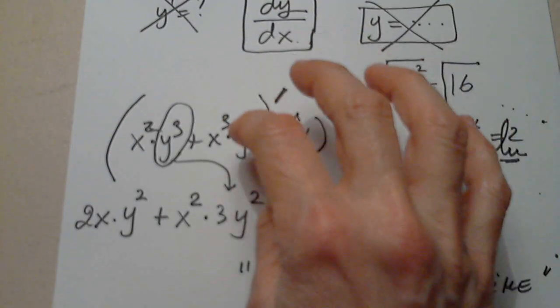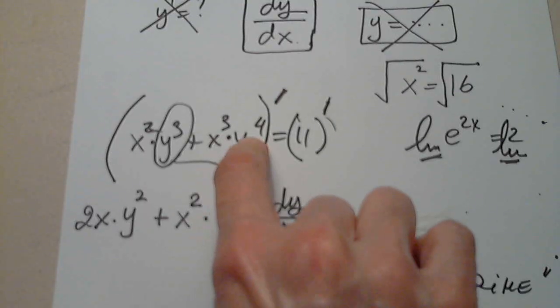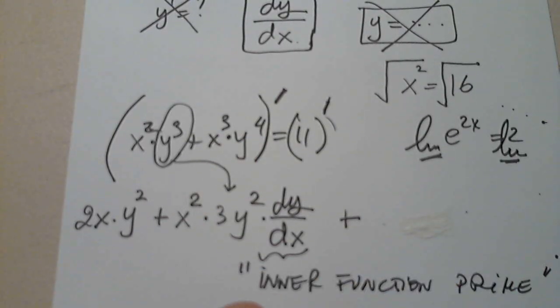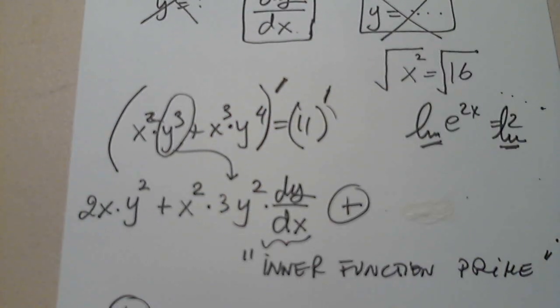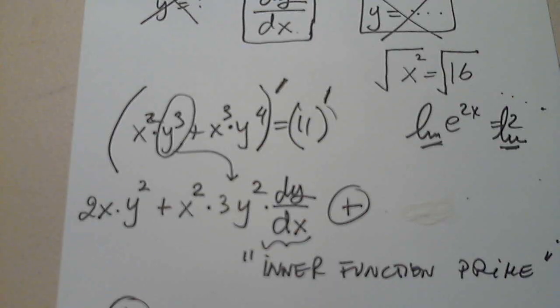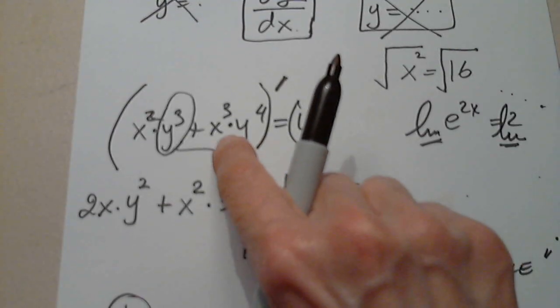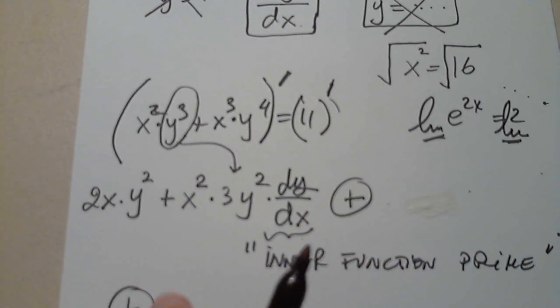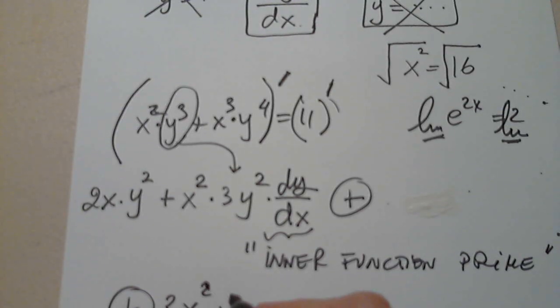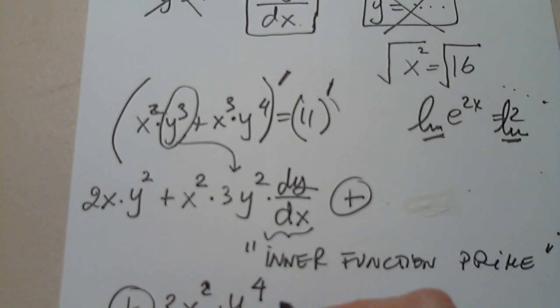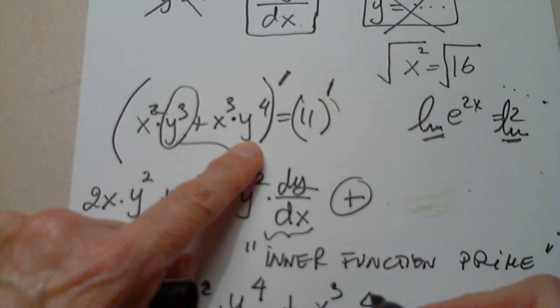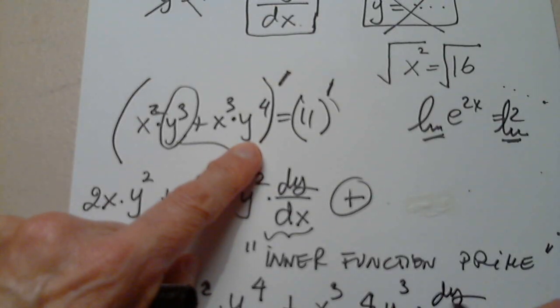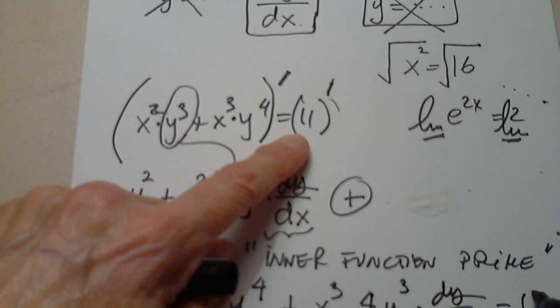Plus, can anyone differentiate now this product? So plus, I continue here. X cubed prime: 3 times x squared times y to the fourth, plus x cubed times 4y to the power of third times dy over dx. That's it. Equals 0. Excellent.